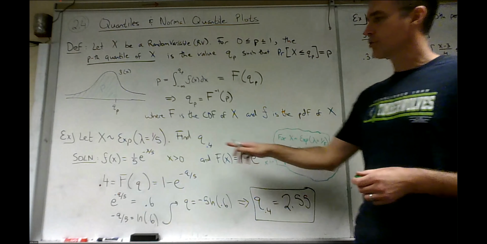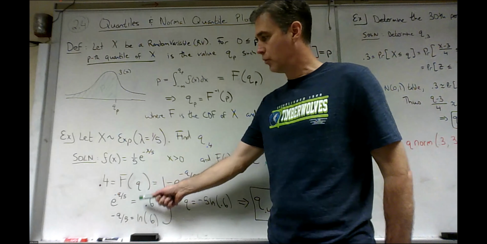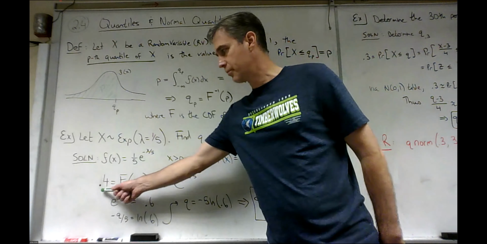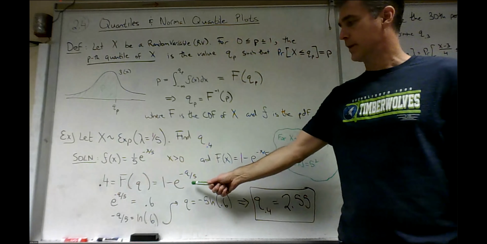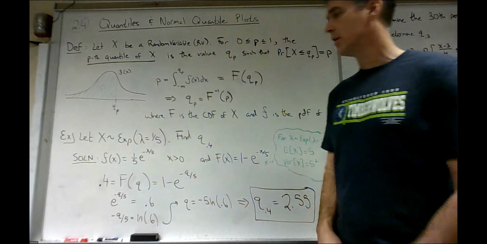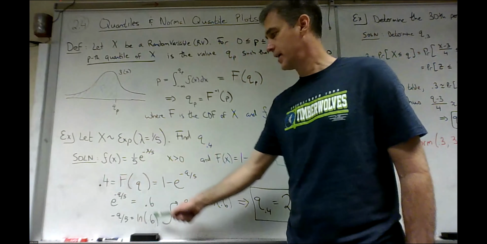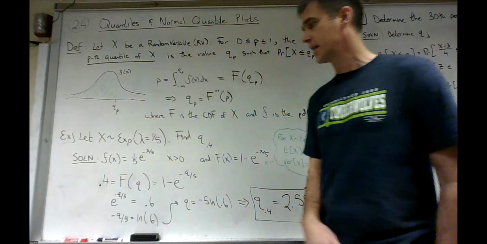If I'm trying to find q sub 0.4, I'm looking for this value of q where the CDF is equal to 0.4. So there's my CDF with this q plugged in. I'll set it equal to 0.4. I can add the e term to the other side, subtract the 0.4 to this side, so I get e to the negative q over 5 is equal to 0.6.